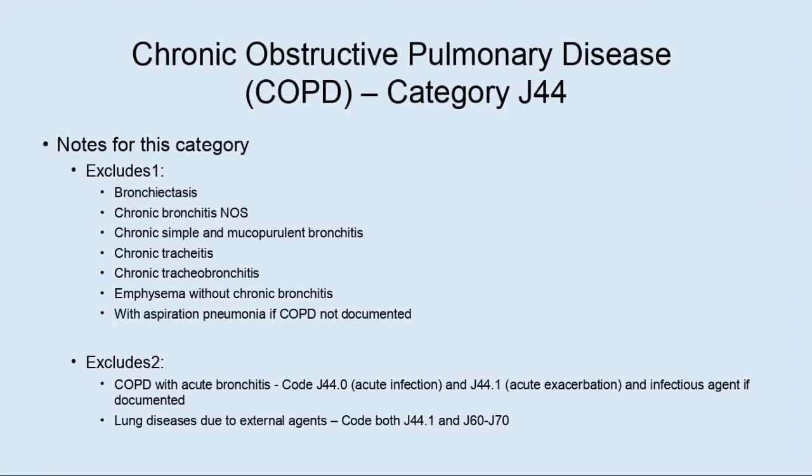This also has an Excludes2 note, which means you can sometimes, if appropriate, report J44 and another code. COPD with acute bronchitis, you have J44.0, which is for acute infection, and J44.1 for an acute exacerbation. You might also need a code for the infectious agent if that is documented, the strep or whatever. Also Excludes2 is lung diseases due to external agents; code both J44.1 and a code for the condition caused by the external agent.